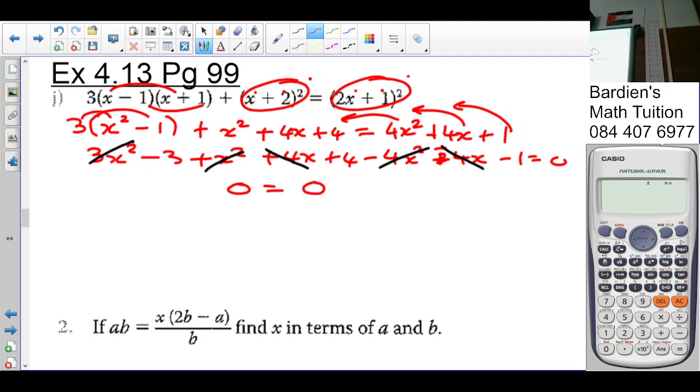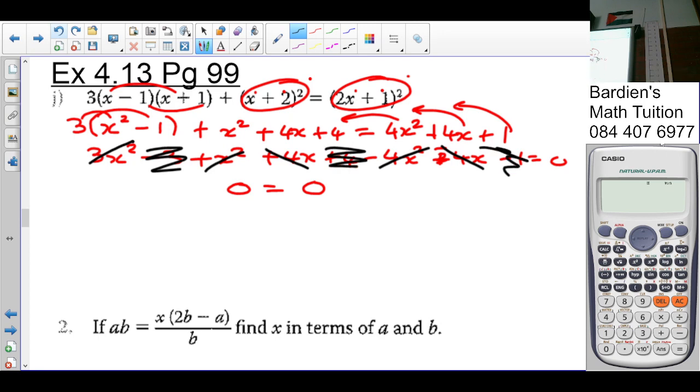People, 0 is equal to 0. So what do we write here? It's 0. The numbers also cancel. So 0 is equal to 0.